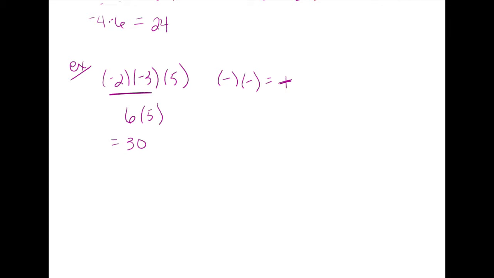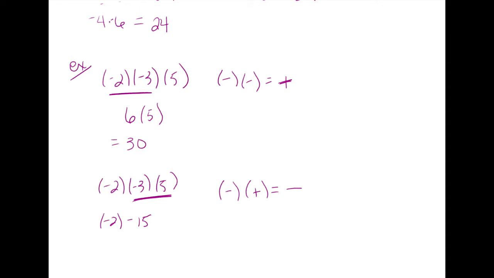Okay, but just to demonstrate the commutative property here, let's do the same problem, but this time I'm going to evaluate these last two numbers first. In this case, I have a negative times a positive, which yields me a negative. So I keep this negative 2 along for the ride, and I know that negative 3 times 5 is negative 15.